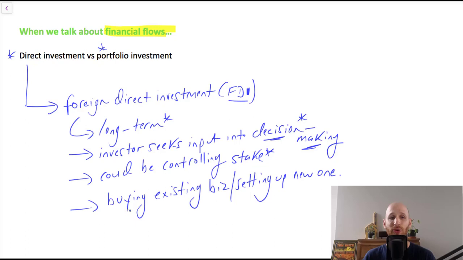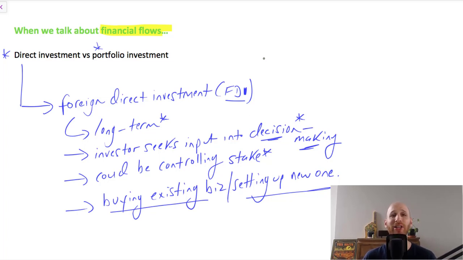And FDI can also take the form of buying existing businesses or setting up a new one. So when we're talking about FDI, we can have these two possible situations. One is the investor comes in and sets up a new business. That's foreign direct investment.